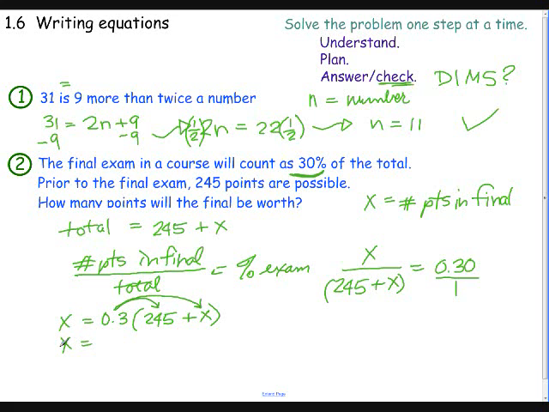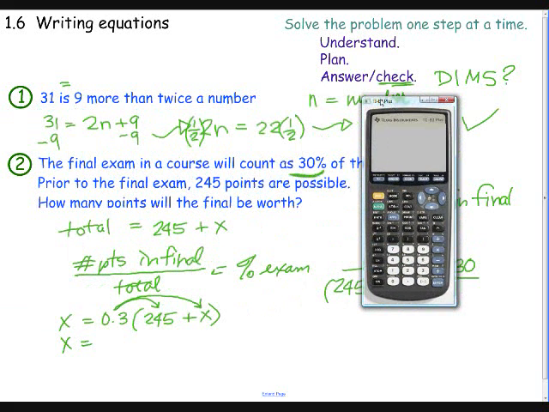X equals, oh, I am going to need a calculator here, aren't I? Let's see if I have a calculator that will work. Let's see if I can turn it on. Oh, good. We'll say 0.3 times 245.